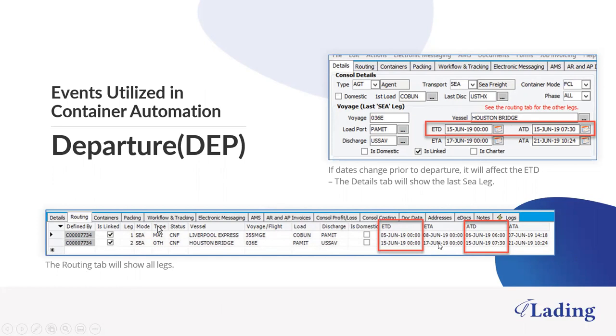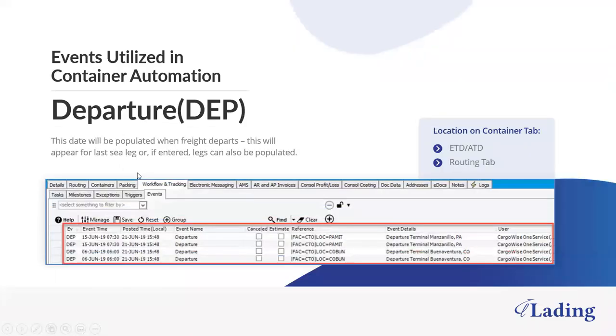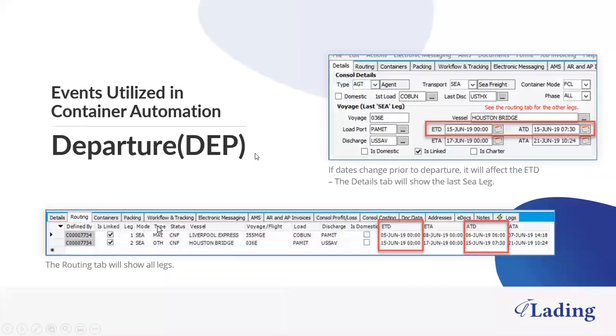It will populate my legs on the routing tab as well. Now, if I don't put in the legs, I'll still see the legs under workflow and tracking events. In order for the legs to work and to populate the legs, I have to have the right UN loco code here.